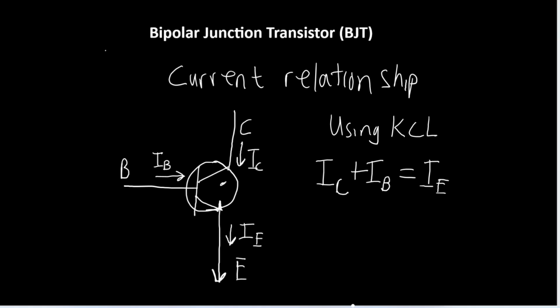Our IE is leaving the circle region, but our IC and IB are entering it. Hence this expression.